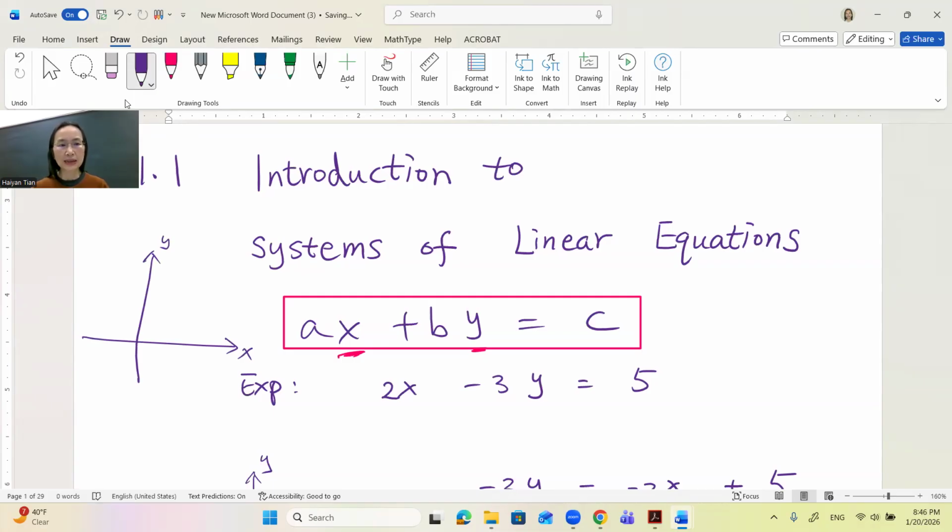Any straight line in this coordinate system can be represented by such an equation. Here, A, B, C are constant coefficients. So no matter whether it is a line with a positive slope or negative slope, or even a vertical line, no matter which line, it can be represented by an equation of this form.